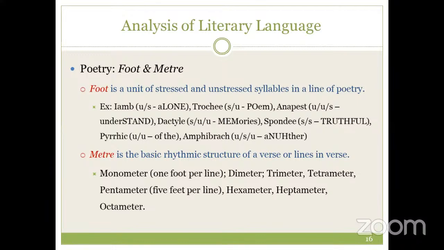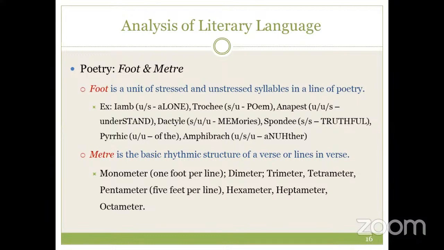So it is not the foot of our leg. Rather, it is a technical term for a unit of stressed and unstressed syllables in poetry. Now we have iamb, trochee, anapest, dactyl, spondee, pyrrhic, amphibrach. So these are different types of foot in poetry.